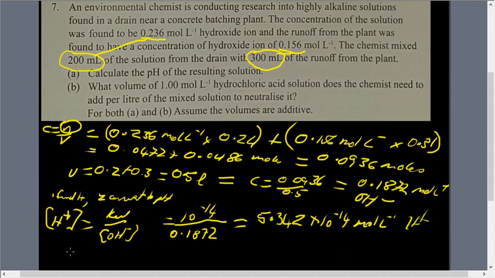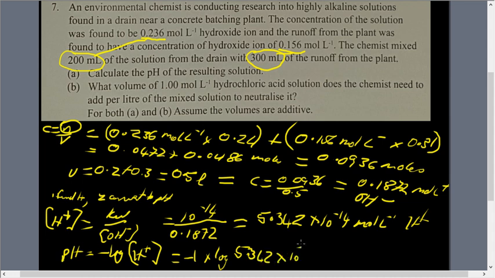Now, we know from our old equation that pH equals negative log of hydrogen ion concentration, easy, equals negative 1 times log of 5.342 times 10 to the minus 14.